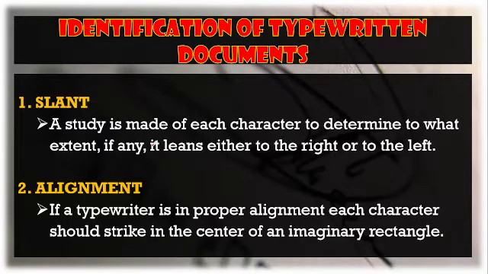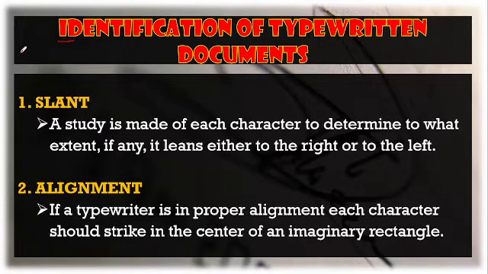Right, and for the things, okay, we have actually four main things that we are going to consider for identification of typewritten documents. So yan, katulad sa common actually ang typewriter sa mga cashiers of some offices. So yan, involve ang pera pag mga usapang resibo or receipt, okay?